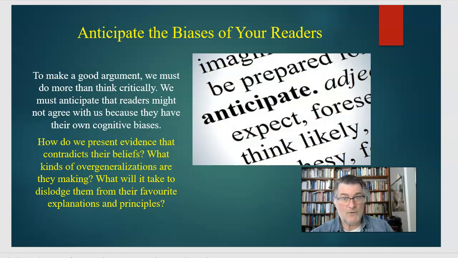So the reader, in this case, is still someone important, but they may also have their own biases. So we have to think about how we can present evidence that contradicts their beliefs. What if those people have also fallen under the sway of the one true principle? They've got their own hunches, and even though they're not experts, they think this is what's happened. How do you change their mind, right?